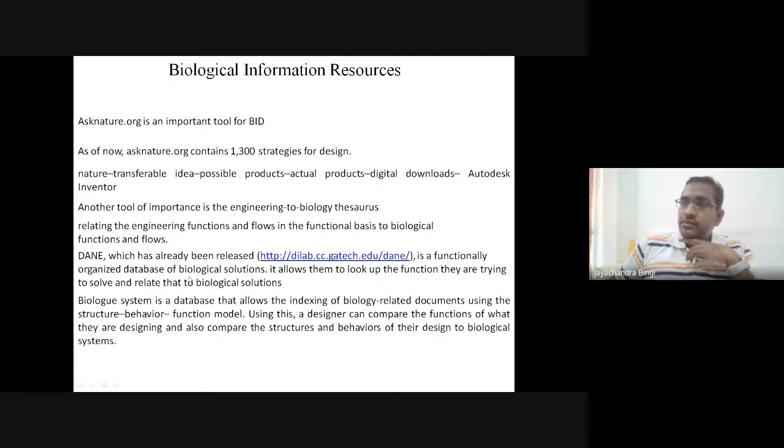It's a database of biological solutions, based on the functionality you give as a keyword. This is by Georgia Tech University. So Dane as well as Ask Nature are the two resources where you can start your searching for bio-inspiration.